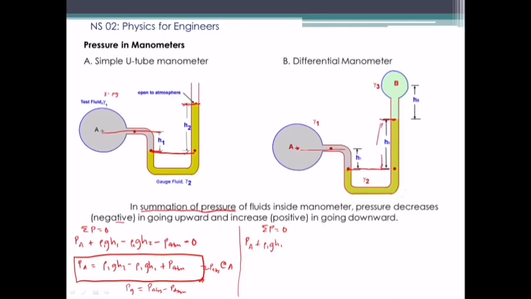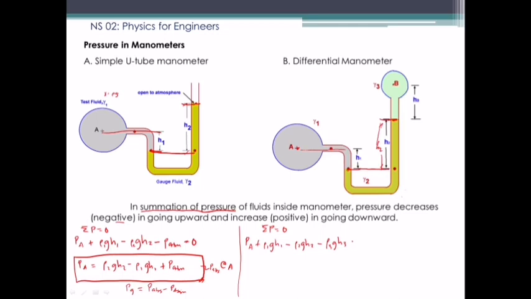So that is H2, and so minus rho 2 GH2. And then from this level, there is another fluid, a fluid with gamma 3 or density 3. In this case it is gamma, as given, with the elevation H3. You go up again, so it is again negative pressure, rho 3 GH3.